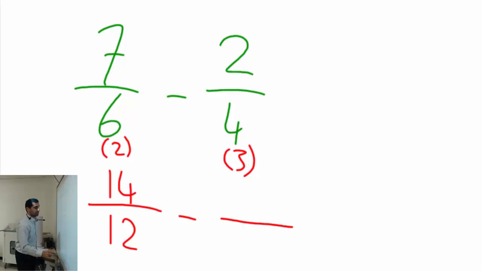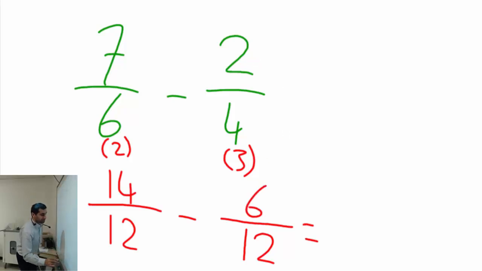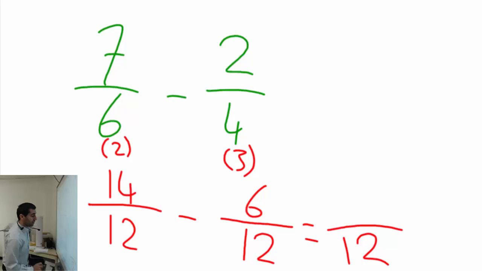Minus 3 times 4. That will give you 12. And 3 times 2. That will give you 6. Because now I am looking at the denominators. They are exactly the same. So it's easier for me to do the subtraction. I have to write down 12 here. So what is 14 minus 6? That will give you 8.